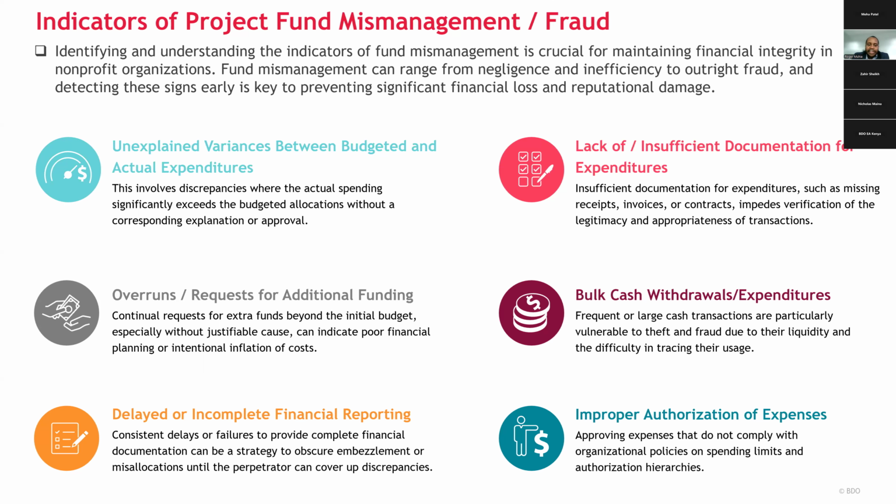So if you find that either your organization or your partner organization is continuously approving expenses that don't comply with organizational policies, spending limits and authorization hierarchies, this suggests a breakdown or intentional override of your internal control.